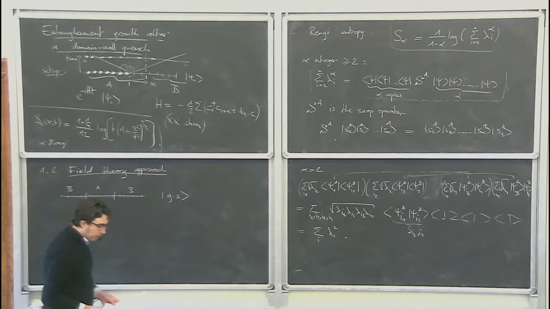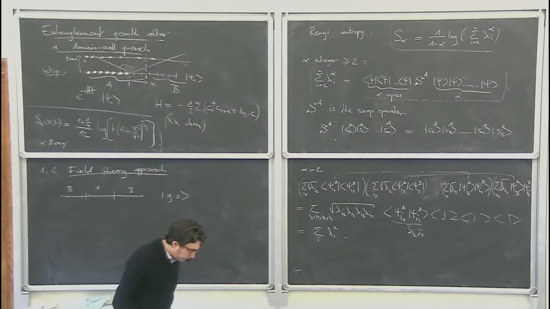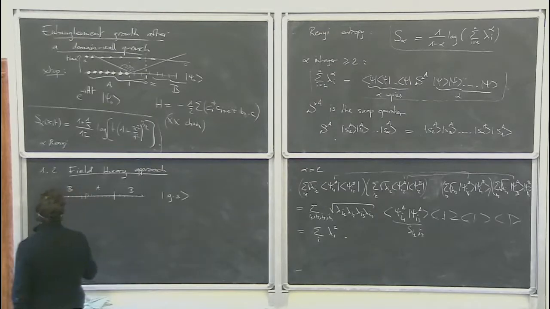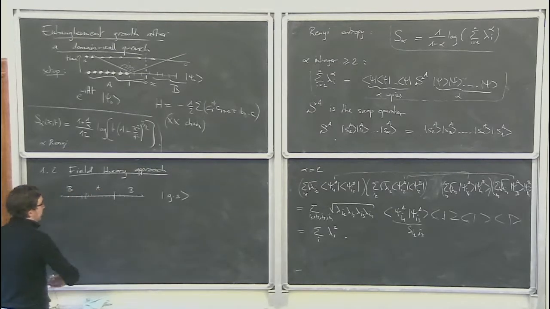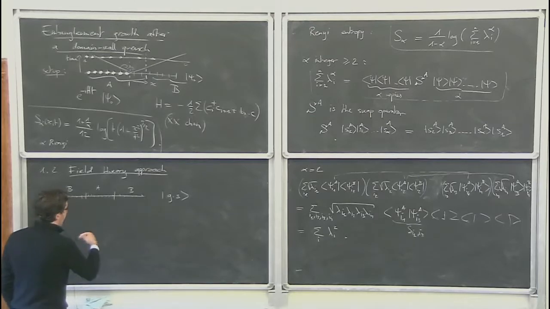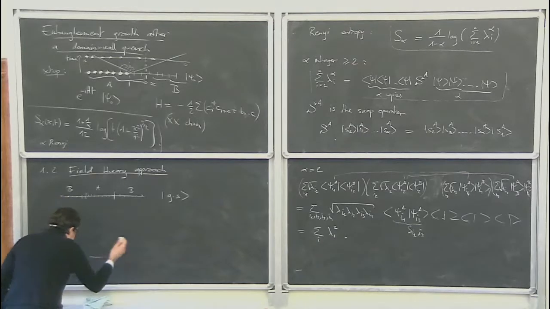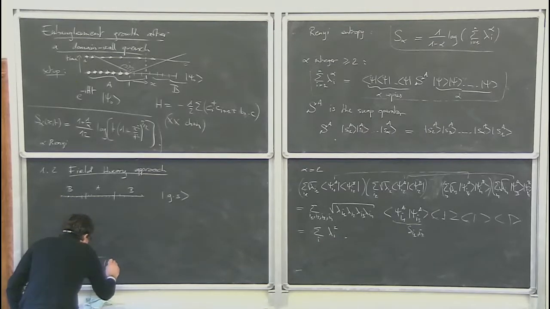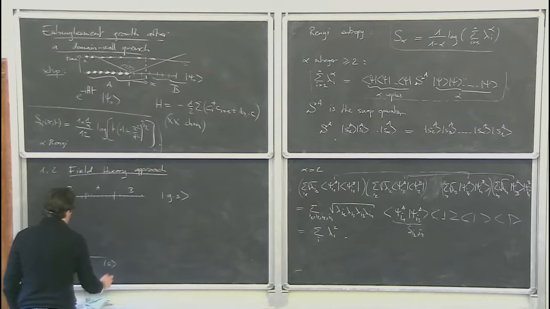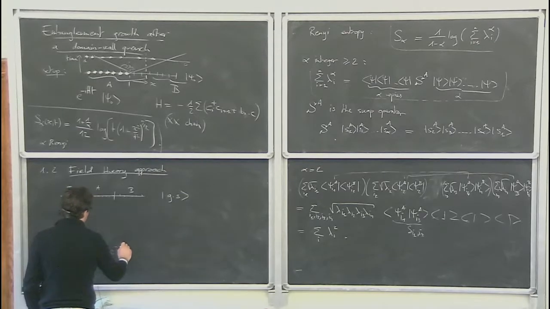So recall that in the other lectures I explained that typically ground state correlation functions can be obtained by imagining that we start from just any arbitrary state S, which we evolve in imaginary time.